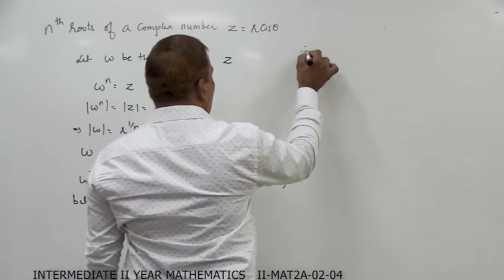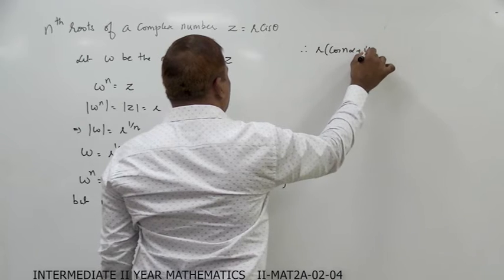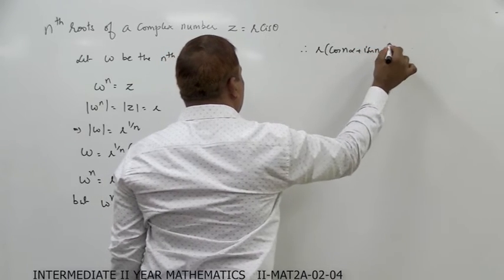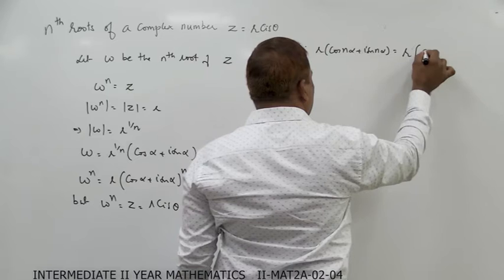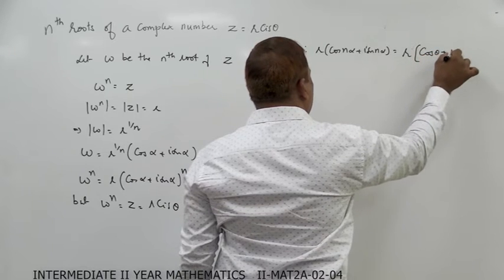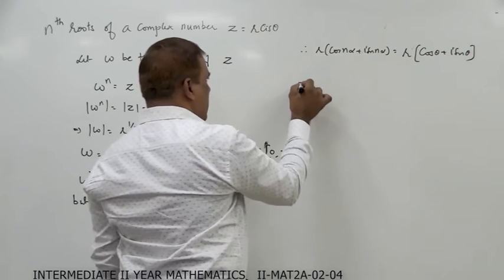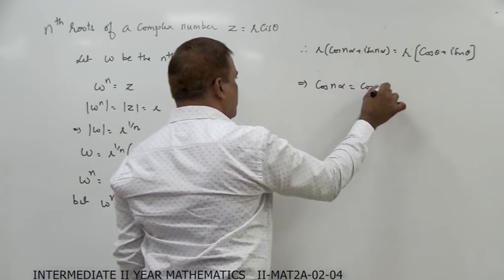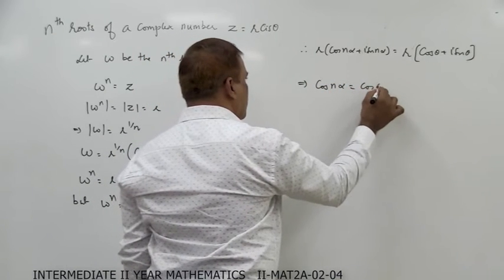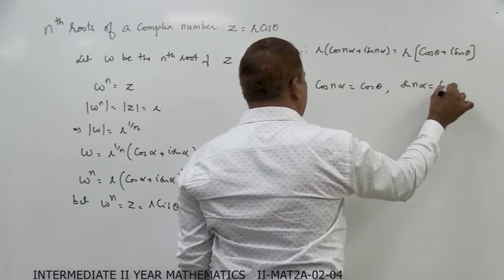Therefore, r into (cos n alpha plus i sin n alpha) is equal to r cis theta, which is nothing but cos theta plus i sin theta. This will give you cos n alpha is equal to cos theta, sin n alpha is equal to sin theta.